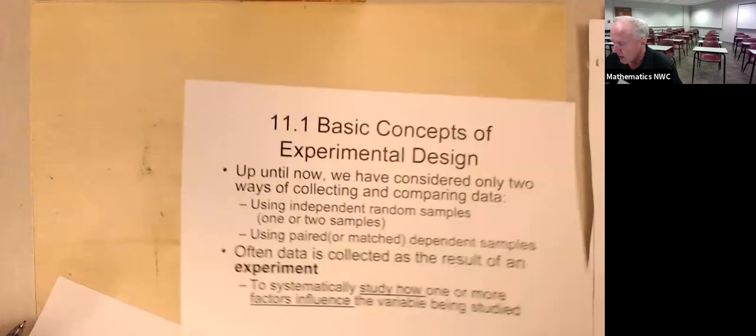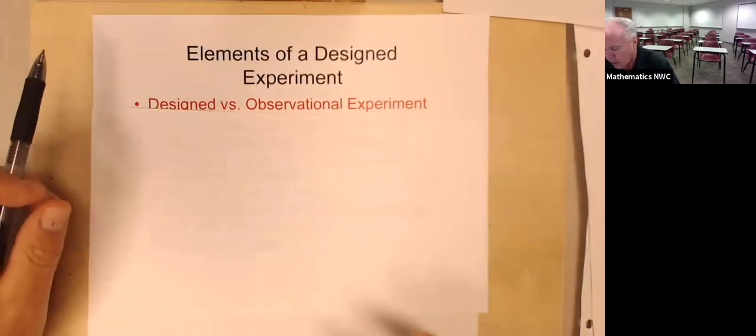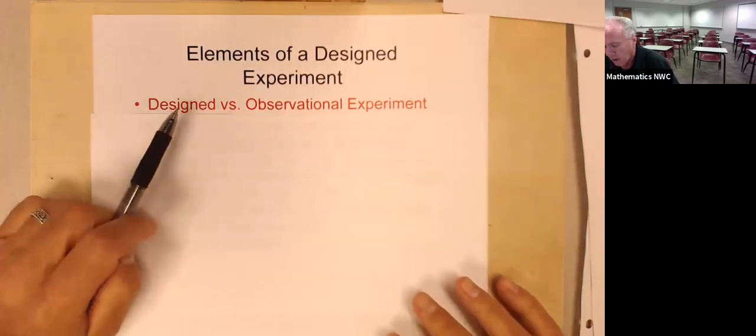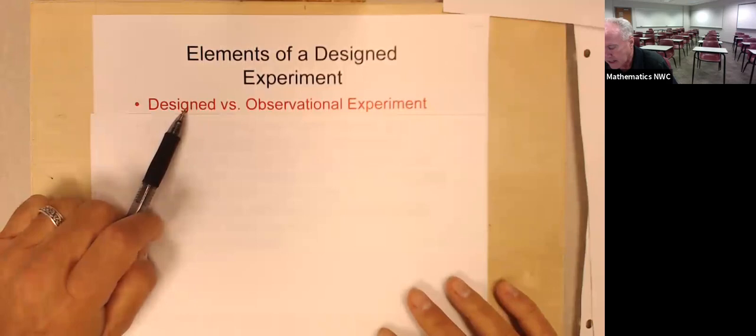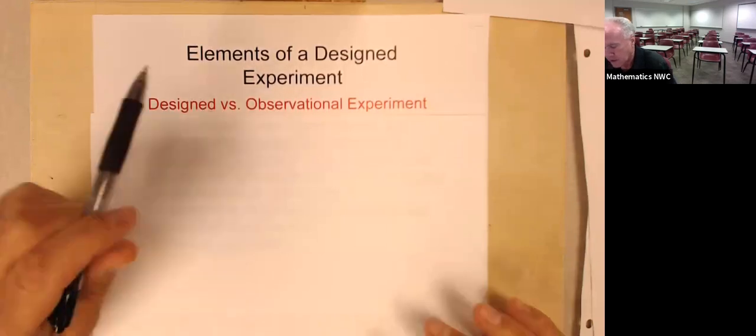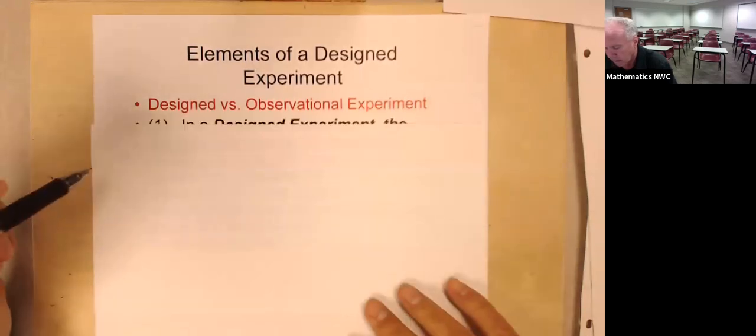Okay, so now we're going to look at 2 types of ways of collecting data for an experiment. The 2 types of experiments that we're talking about are designed versus observational.